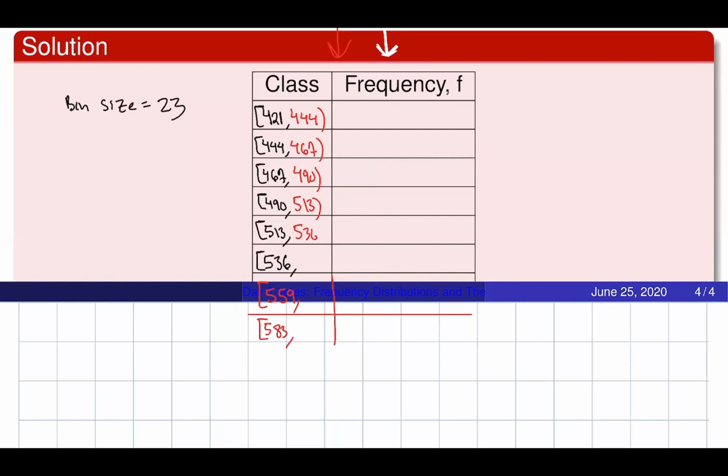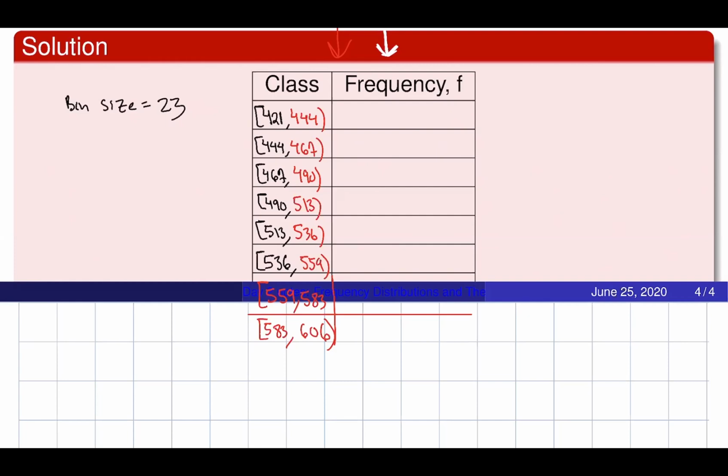This should be 536, 559, 583, and lastly 583 plus 23, 606. All right, and that's it in regard to the classes. Everybody good on filling out the classes?